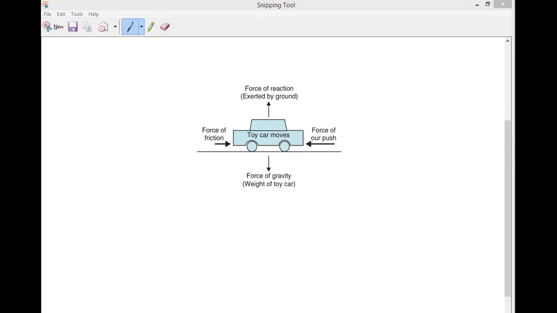If the resultant of all the forces acting on a body is not zero, the forces are called unbalanced forces.